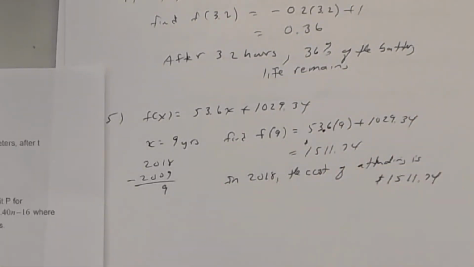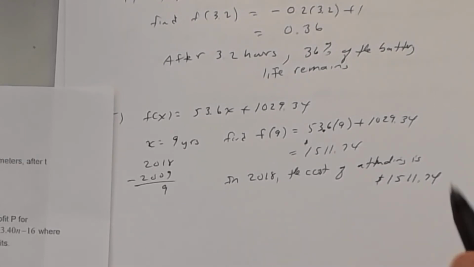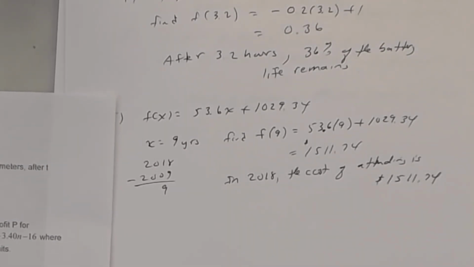That's 53.6 times 9 plus 1,029.34. Okay? All right. So those 5 problems should help you with that section of my math lab.